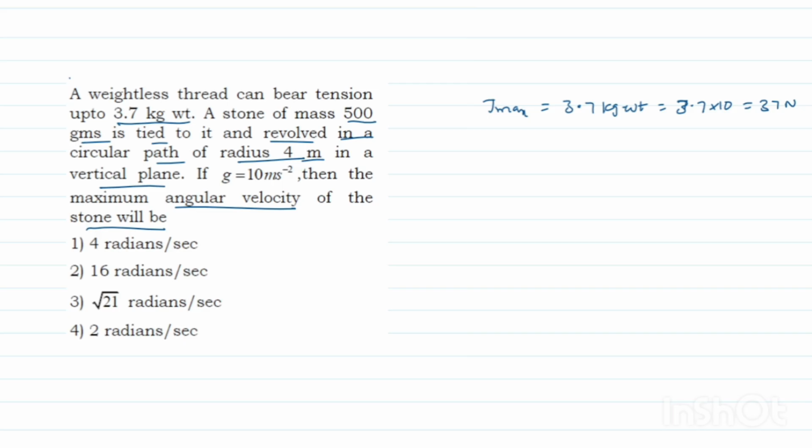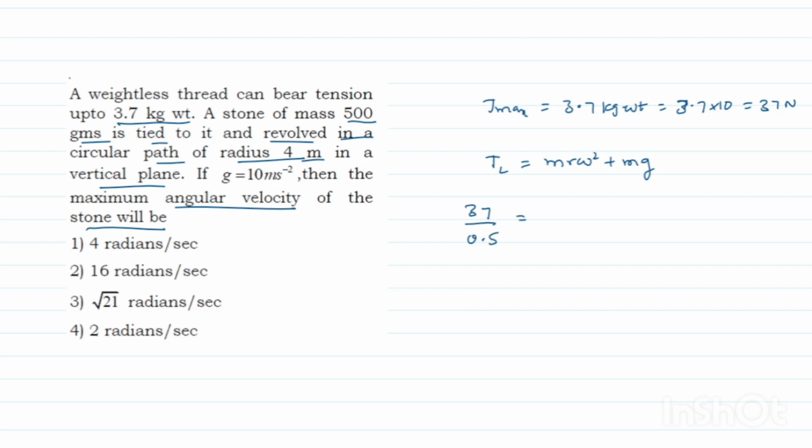So the maximum tensional force will be at the lowest point. Then the tension at the lowest point is nothing but m r omega square plus m g. Then they are asking for the maximum angular velocity. So here this is 37, and the mass is given as 500 grams, which is nothing but 0.5 kg.